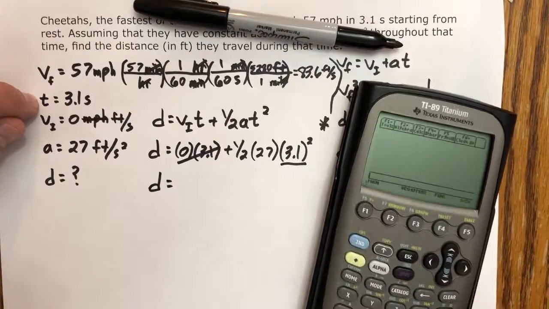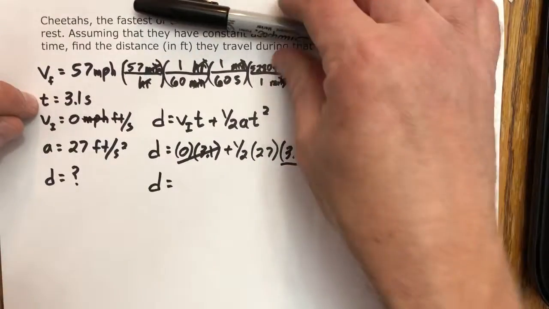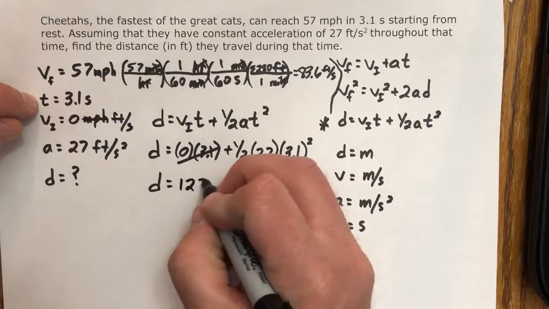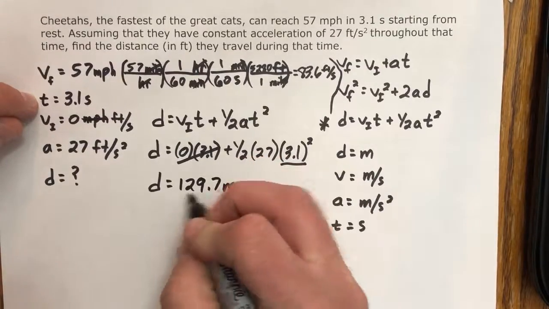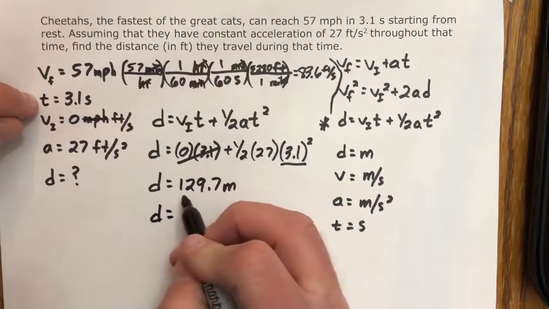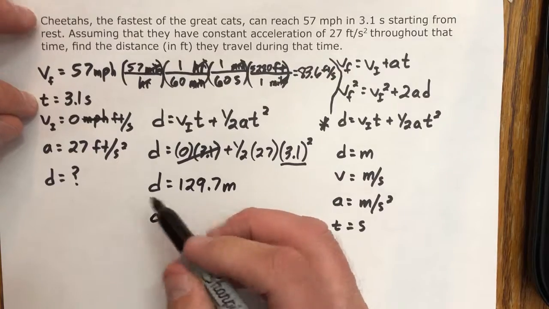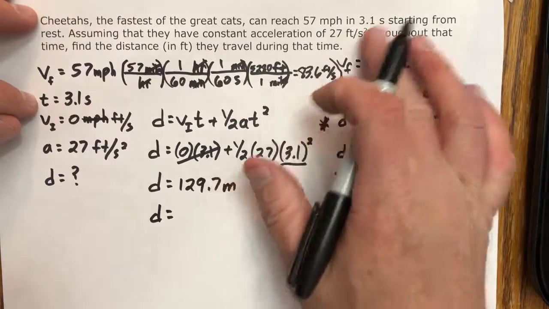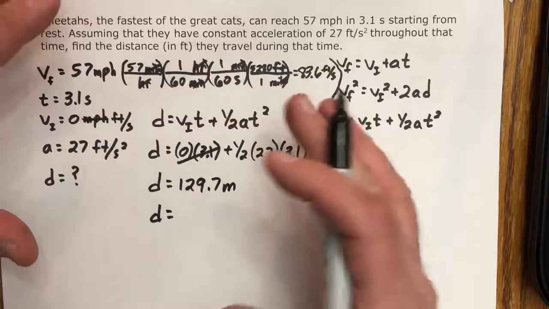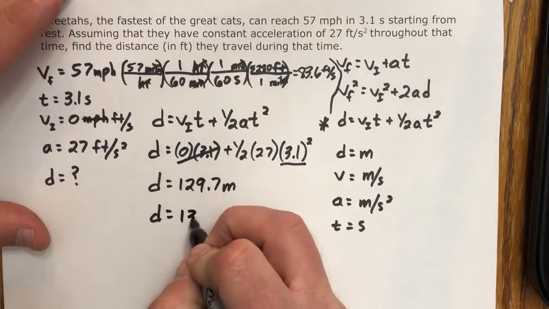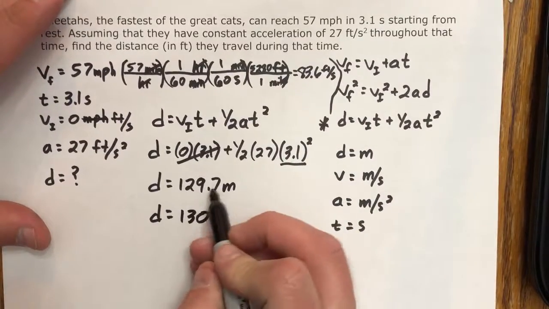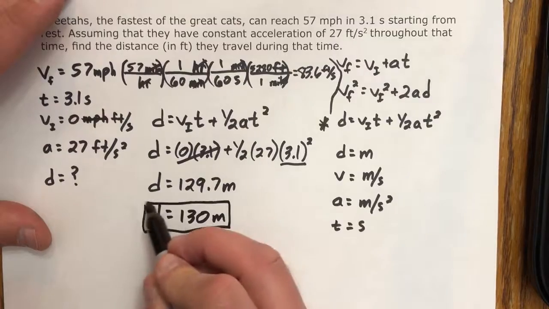We get 3.1 squared times 27 equals times 0.5 equals 129.7. So 129.7 meters. I'm going to round that. I typically use 3 significant figures. In the course, they're all over the place. So we just kind of, in general, use 3. So that'll be 130 meters, because that will round up for my displacement.